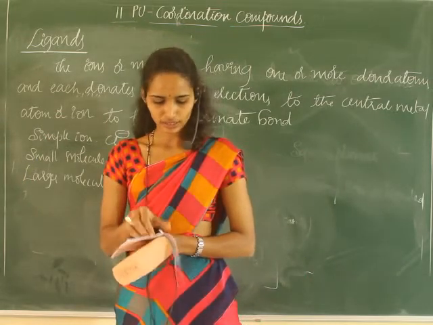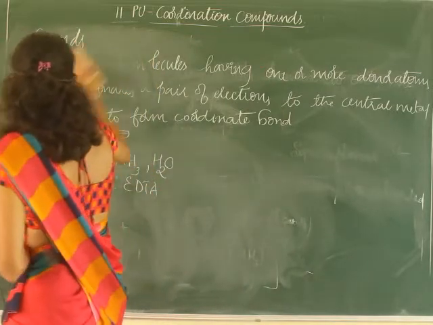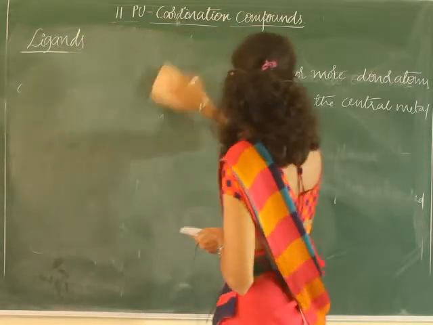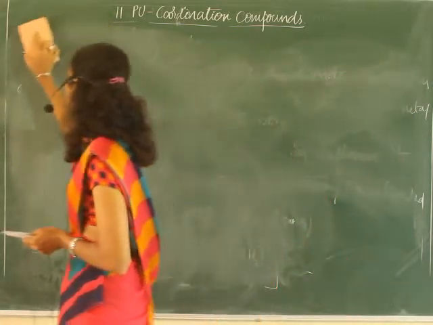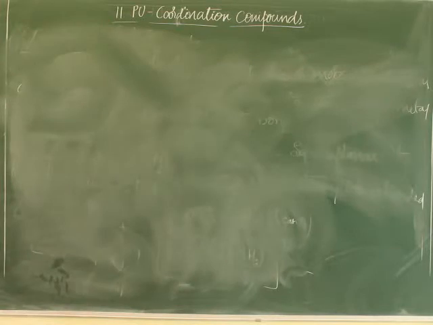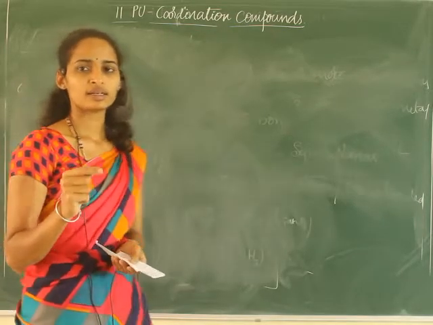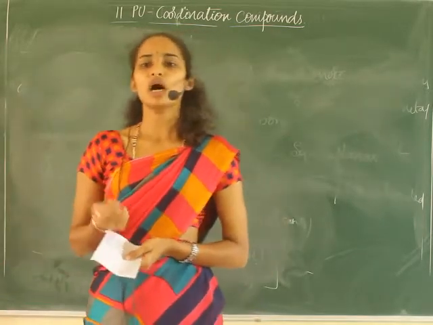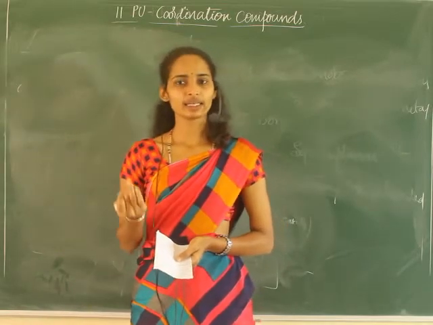Now let us move to the next topic, types of ligands. Based on the number of donating groups present, or the number of points of attachment a ligand can form, ligands are classified as monodentate, bidentate and polydentate ligands.